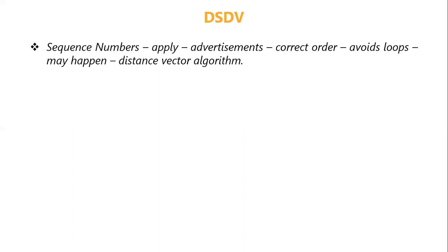If you apply the distance vector algorithm straight away, it may create loops that can be avoided by introducing sequence numbers. That is the improved version of the distance vector algorithm, DSDV, destination sequence distance vector algorithm.